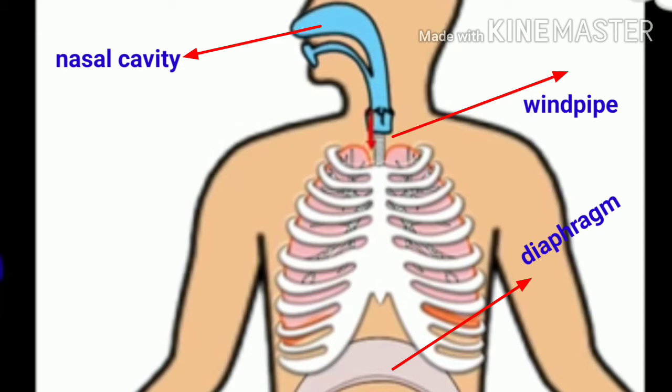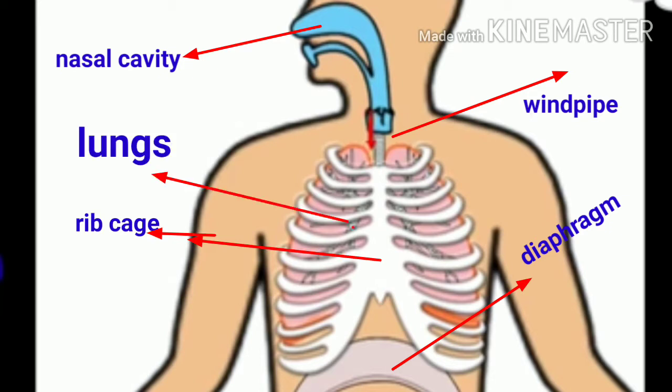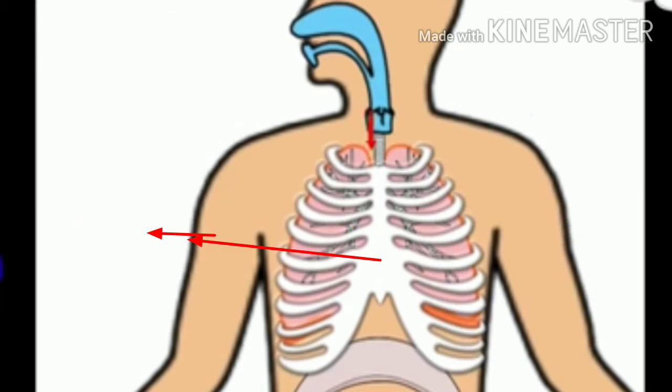The pipe like structure is called the windpipe, which helps take air into the lungs. Then the white bony structure is the rib cage. In the rib cage the lungs are protected and enclosed, and the lungs are the main organ of our respiratory system.